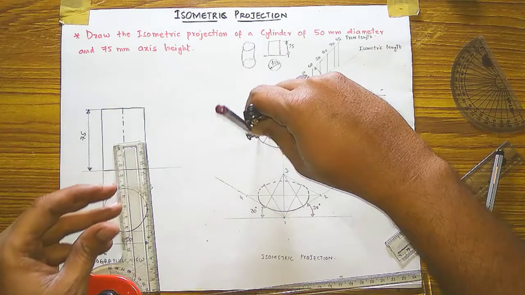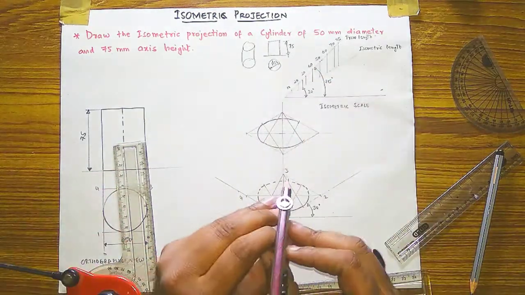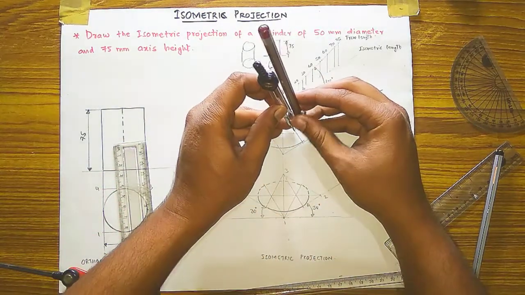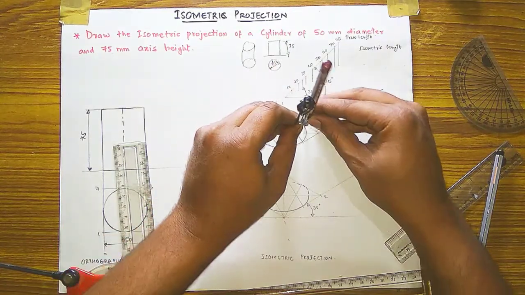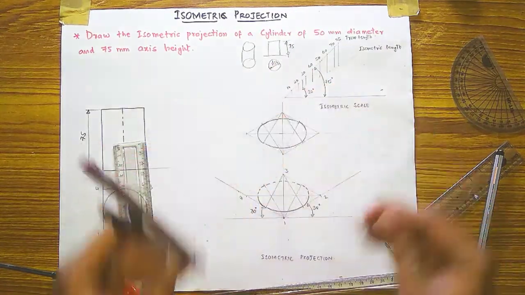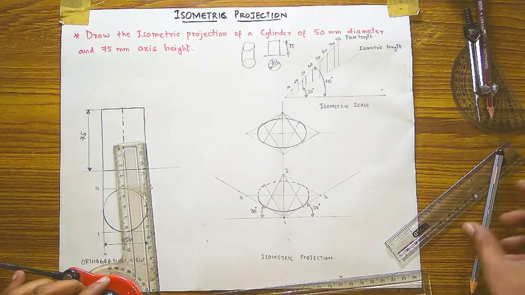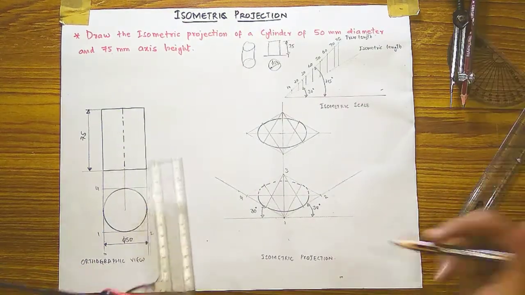Adjust your divider and draw it like this, and here also adjust your divider and draw it, okay, and this top face of the cylinder is created.